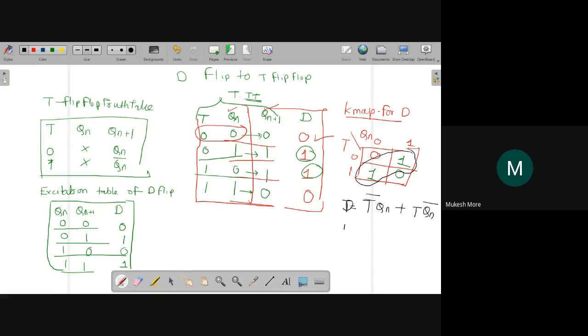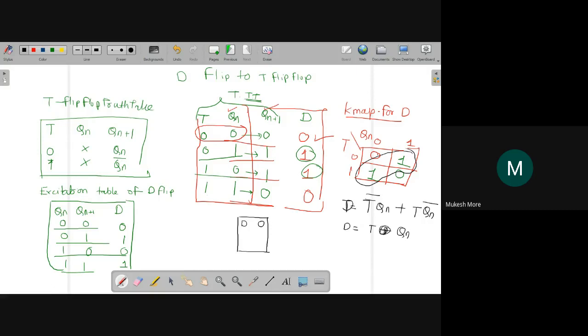Okay. So finally you can write equation here, that is T XOR Qn. Okay.